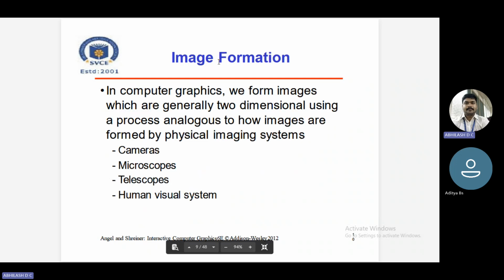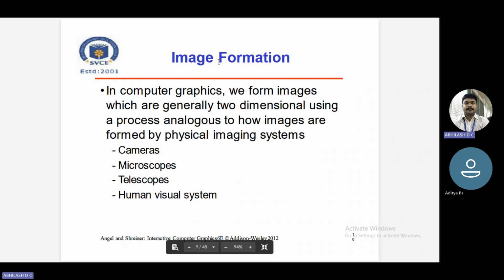So first thing is how the images will be formed. Images are basically formed by using the light when we have the object, and we need some view. There are many viewing machines or systems: cameras, microscopes, telescopes, and the human visual system.